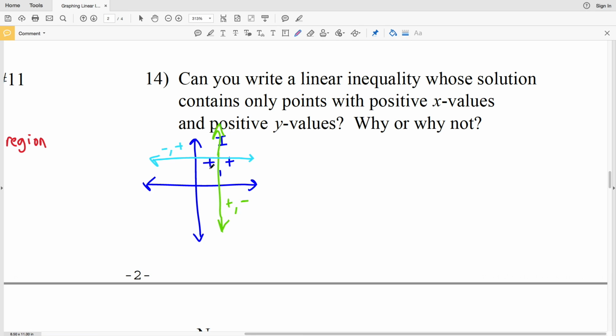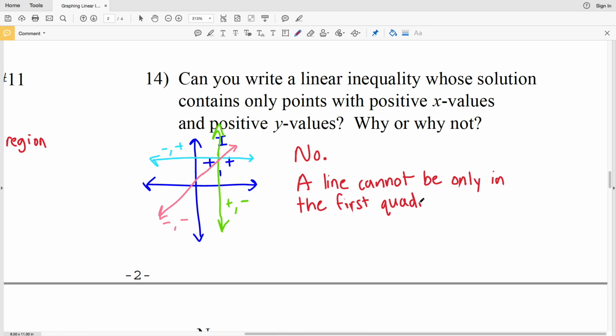And if we were to try it and draw a diagonal line, we would eventually continue on into a quadrant with negative x values and negative y values, and potentially intersect other quadrants at the same time. Therefore, it's not possible because no line can be only in the first quadrant. So no, a line cannot be only in the first quadrant with positive x values and positive y values.